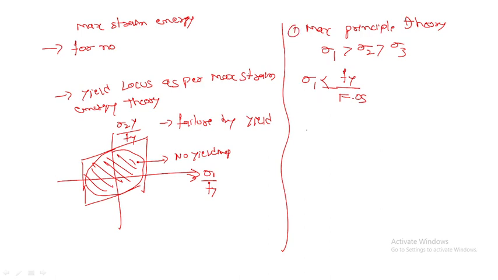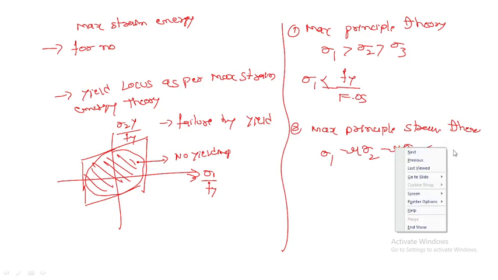Maximum principal strain theory, what does it tell? It is delta 1 minus mu delta 2 minus mu delta 3, and it should be less than fy divided by factor of safety.